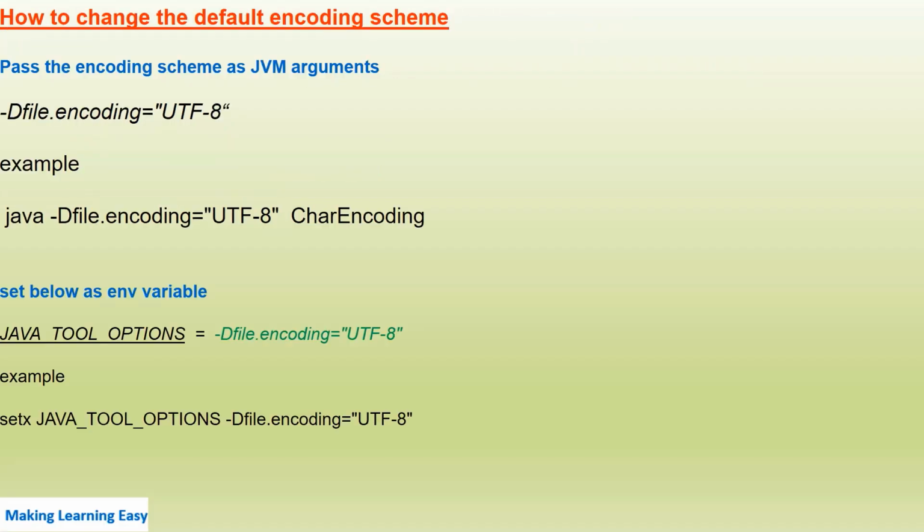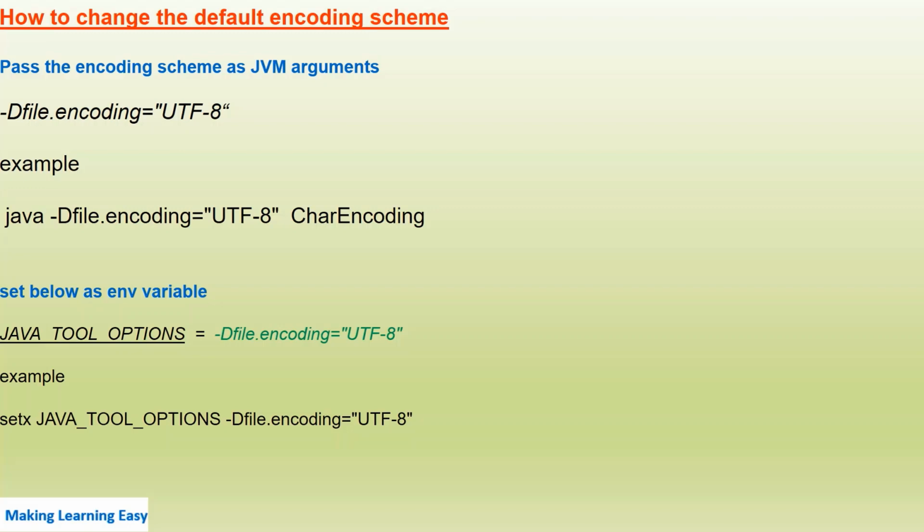Now let's see how to change the default encoding scheme. In the previous slide, we have seen that when the JVM is launched or started, it sets the default encoding scheme, and the default encoding scheme value depends on the locale and operating system, if your Java is before Java 18, or if you are using a Java version from Java 18.